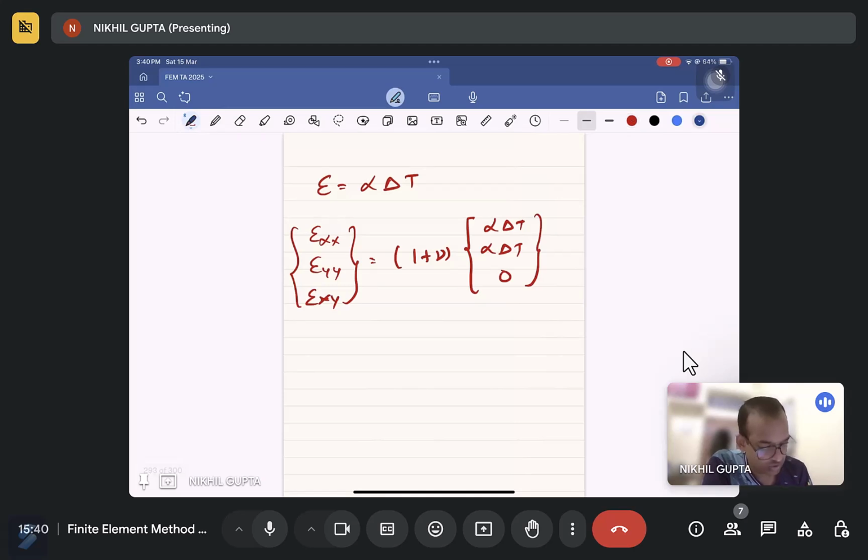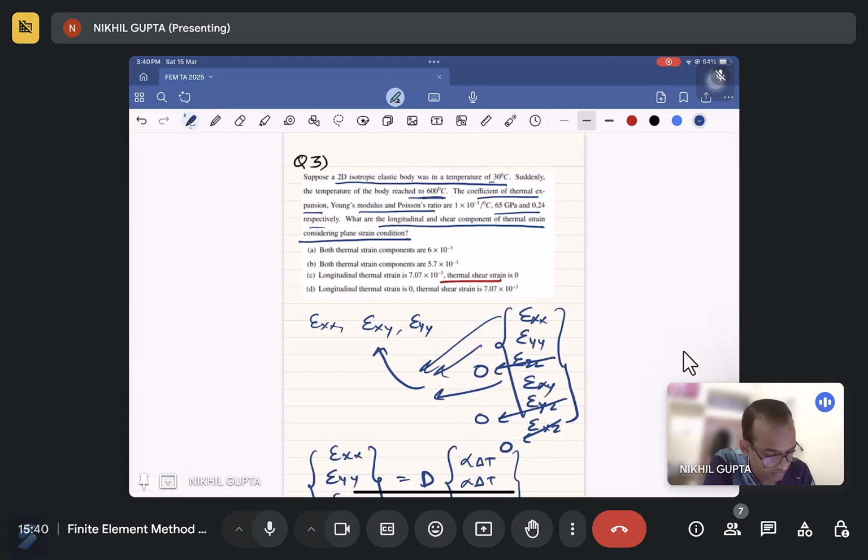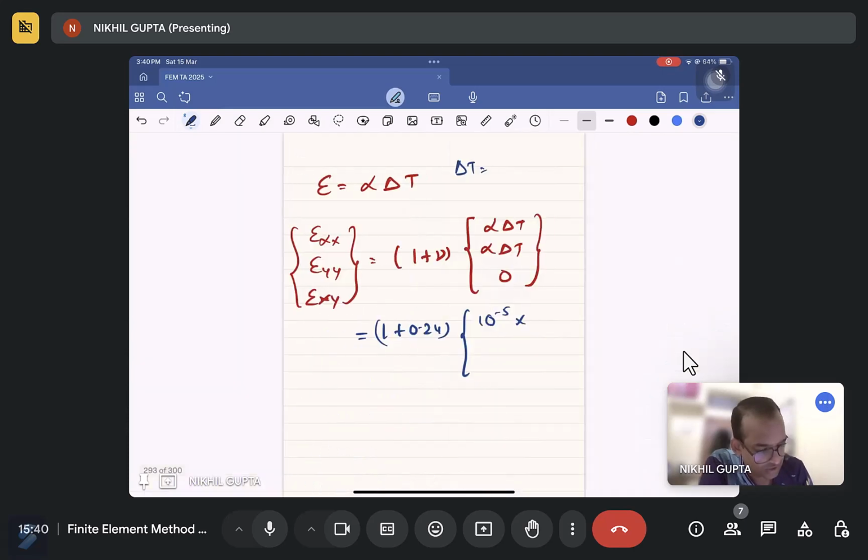So when you substitute the values which are given, 0.24 is the mu, and alpha is 10 power minus 5. For delta t, the temperature went to 600, and it was previously 30 degrees. So it's 600 minus 30, which is 570 degrees Celsius. So this is 10 power minus 5 into 570, and 0.